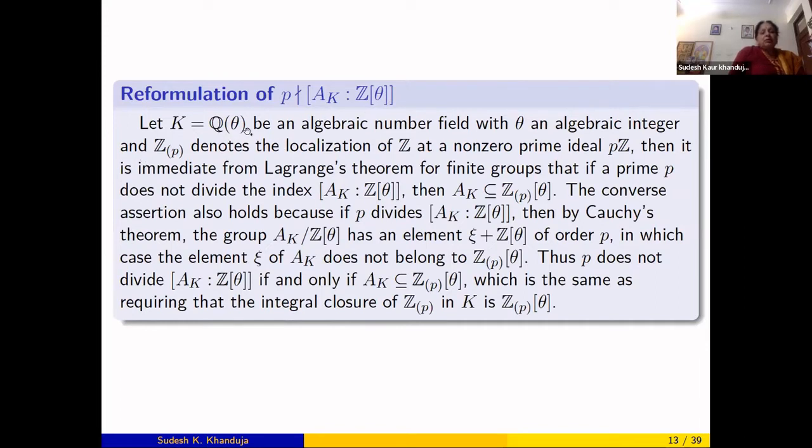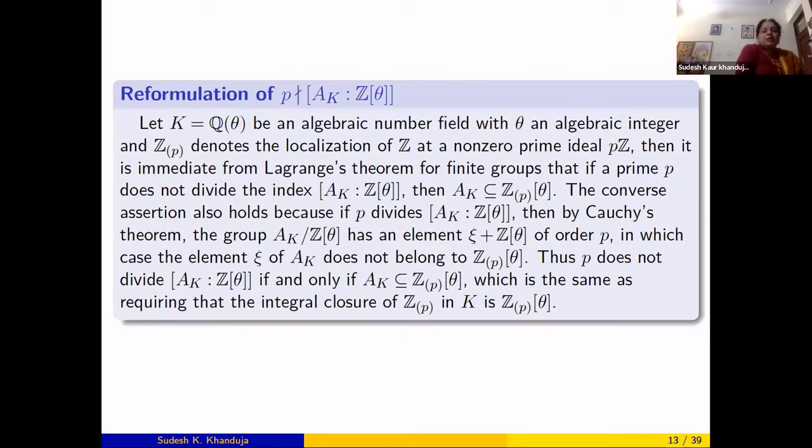So let K equal to Q(θ) be an algebraic number field with θ an algebraic integer, and Z_(p), where the round bracket (p) stands for the ideal pZ generated by p in Z, denote the localization of Z at a non-zero prime ideal pZ of Z. It is immediate from Lagrange's theorem for finite groups that if p does not divide the index of Z[θ] in A_K, then A_K is contained in the ring Z_(p)[θ].